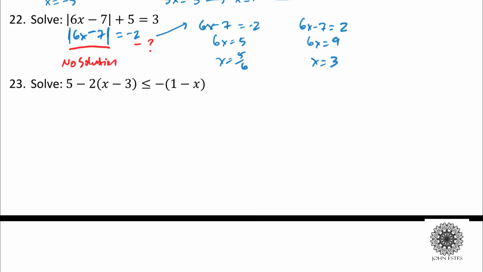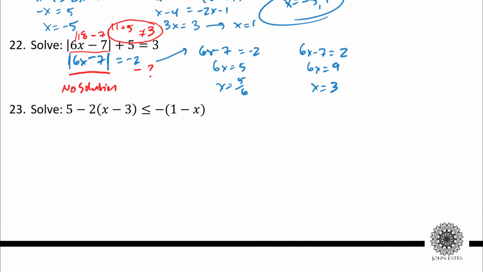If you plug these back in, for example, if I plug 3 back into my original, I have 6 times 3, which is 18, minus 7, the absolute value of that is 11, plus 5, and that does not equal 3. So I ended up with a contradiction. Both of these result in contradictory answers. So it's no solution.